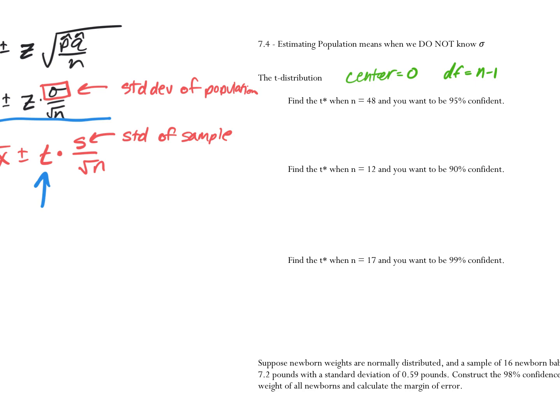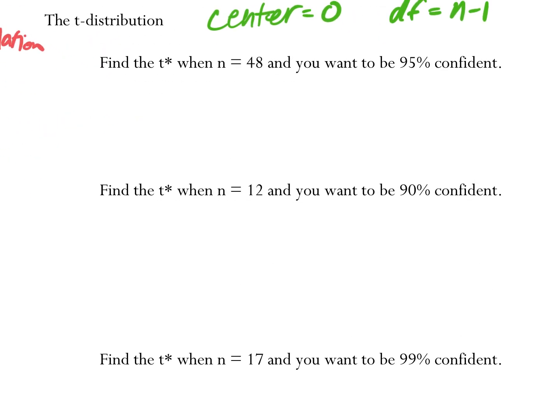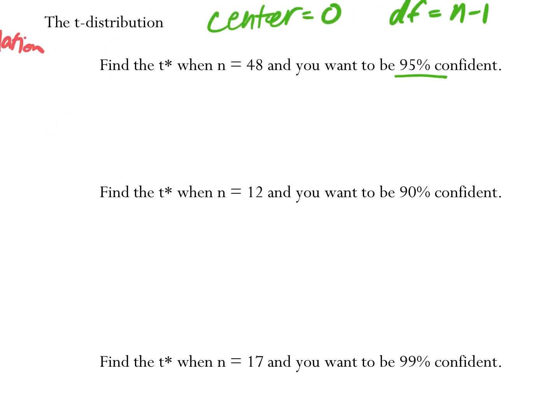So let's say I want to find that T to be 95% confident when N equals 48. This is what that picture might look like. I'm going to describe the center as 0. I'm not going to describe the standard deviation. Instead, I'm going to say, how many degrees of freedom do we have? And how many degrees of freedom do we have here? 47.